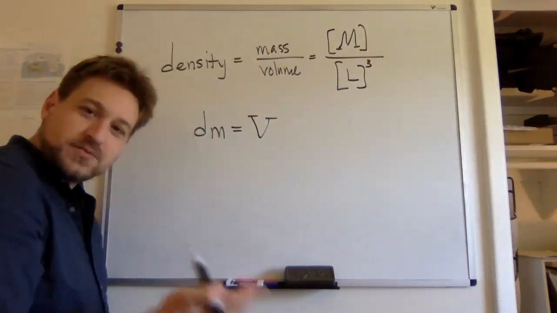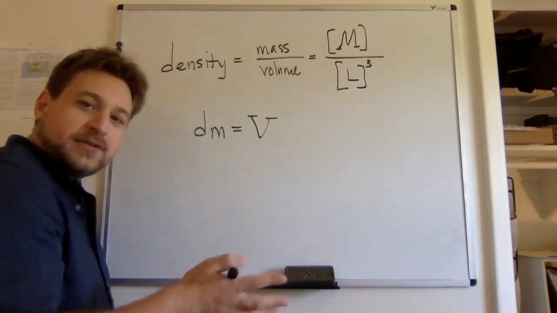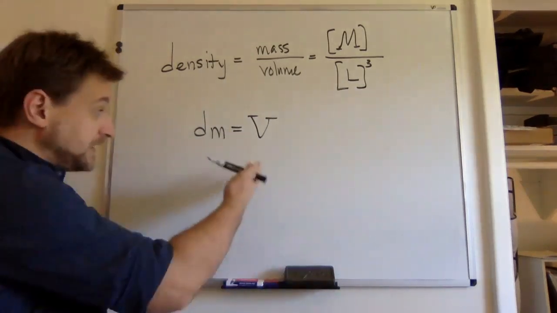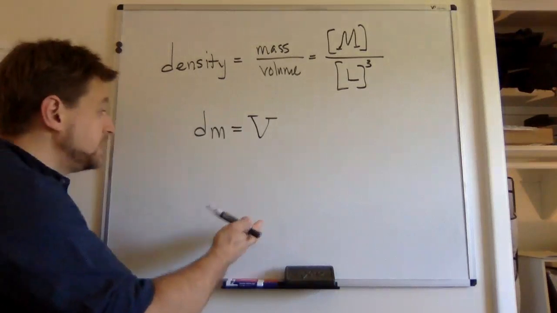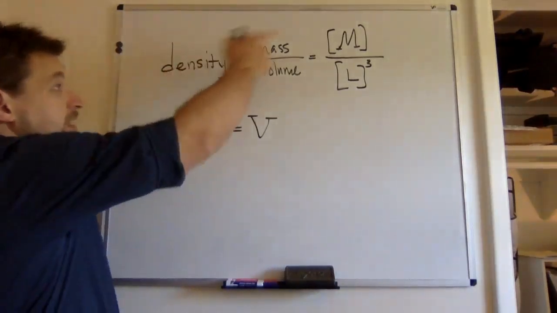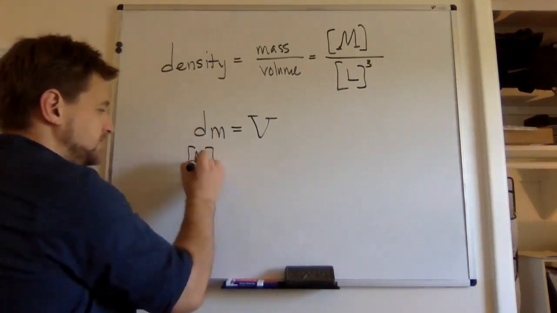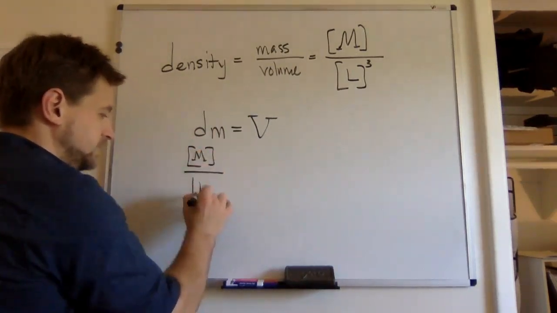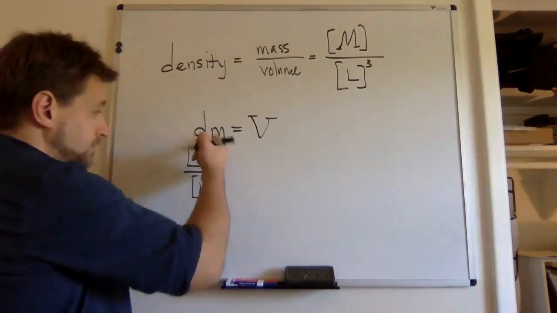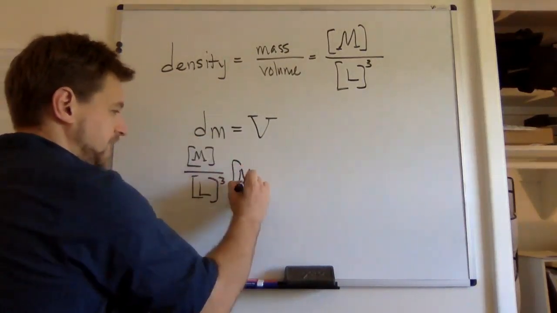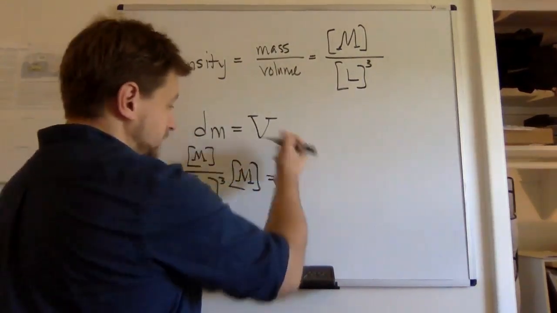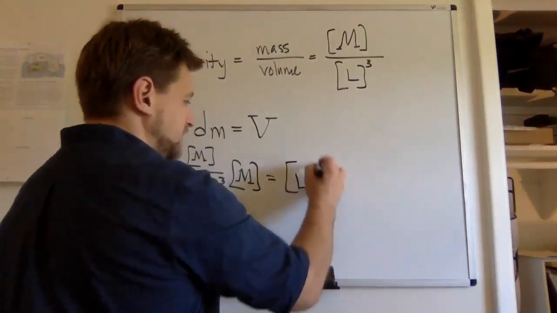Dimensional analysis is one way that we can identify the fact that this equation is not correct as it stands. Density, the last time we talked about density, has the dimensions of mass per length cubed. Mass has the dimension of mass, and volume has the dimension of length cubed.